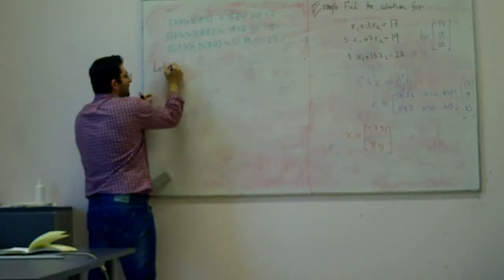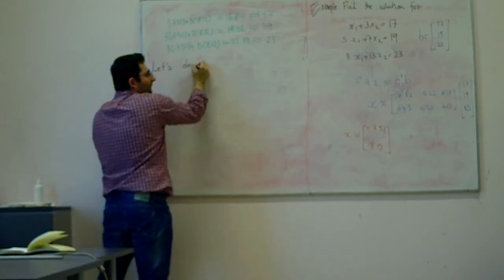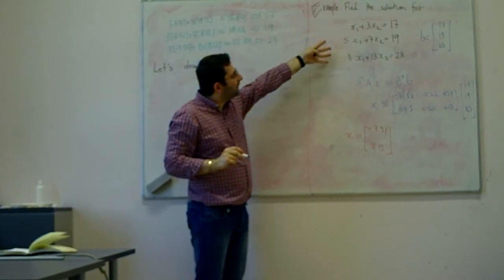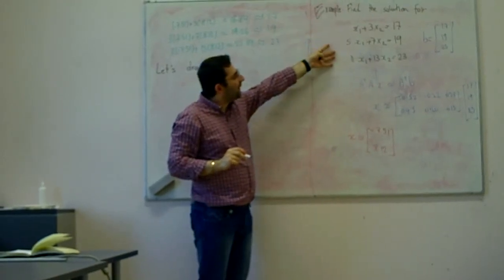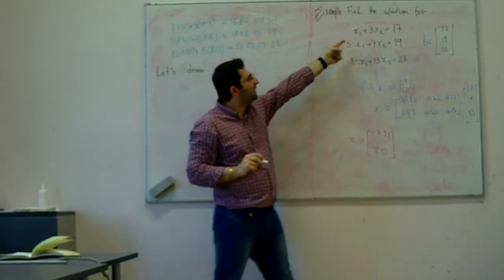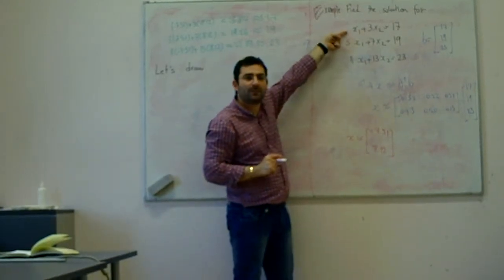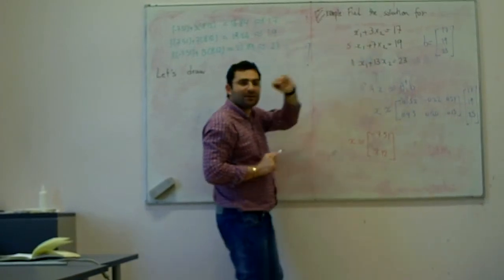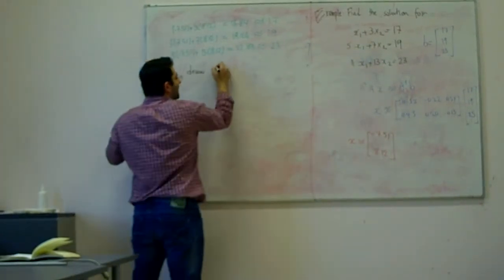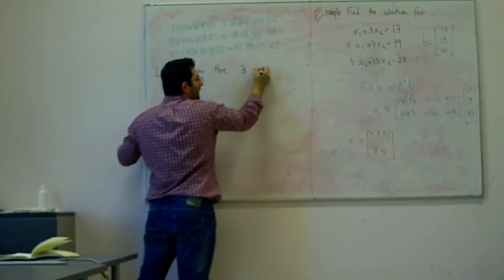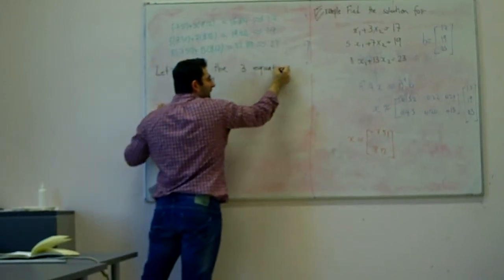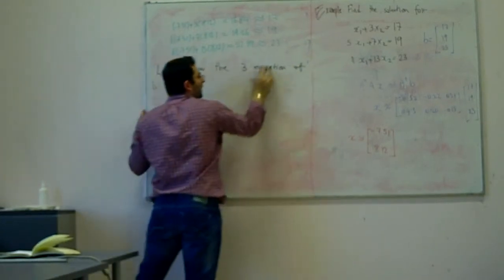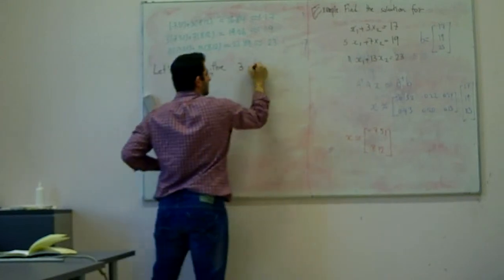But what I want to do is this. Let's draw. If I want to draw these equations, what is each equation? This is the equation of a line, this is the equation of a line, and this is the equation of a line. So let's draw the three lines.